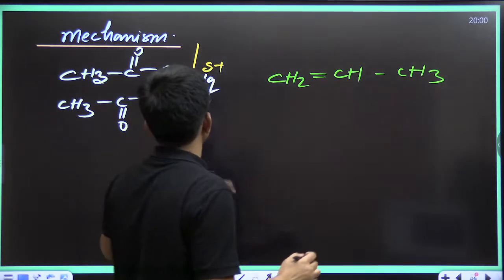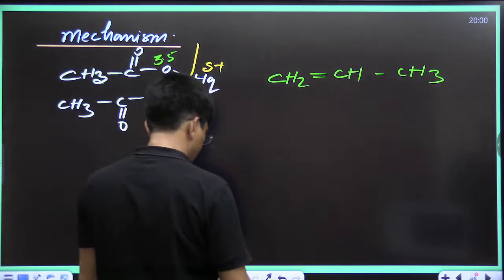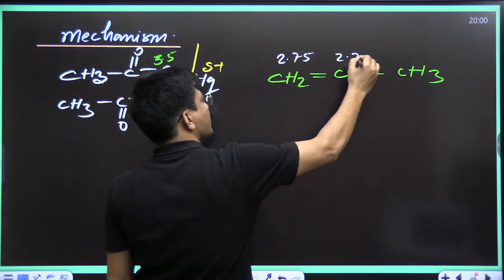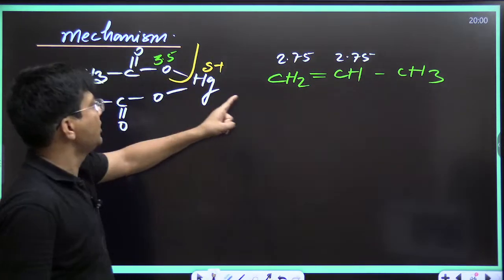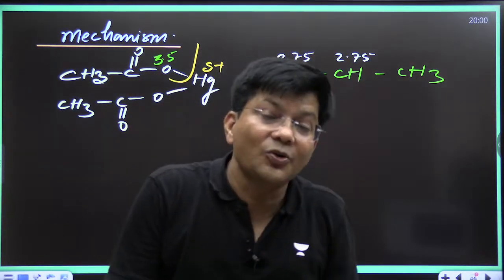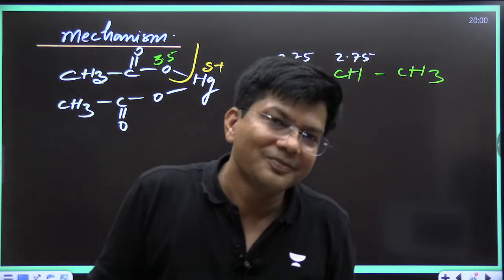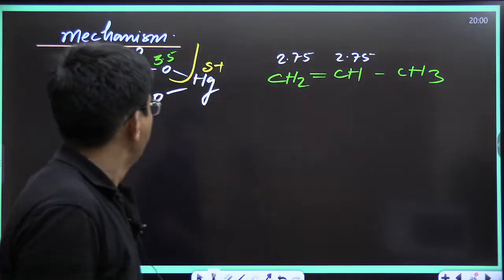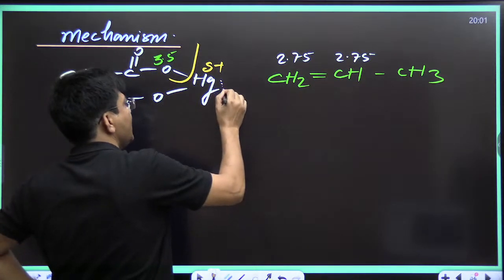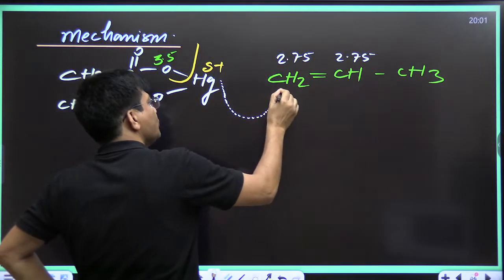So my dear friends, see, the oxygen's electronegativity is 3.5, but this carbon's electronegativity is just 2.75. So mercury thought it's better to live with carbon, because carbon is less electronegative, so I will feel better. So mercury started moving to that carbon, and mercury is saying, hey carbon, I want to join you. I want to come to your life.